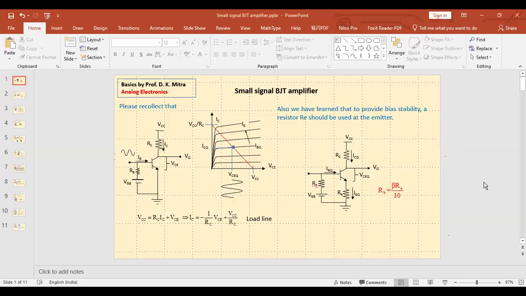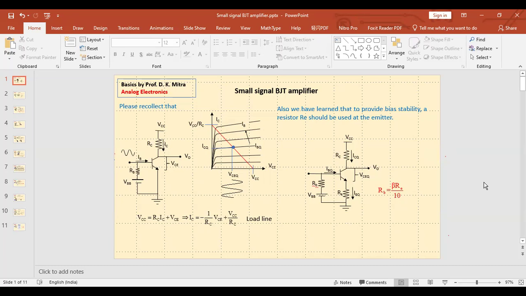Good morning, students. Today we shall start the next topic, that is small signal BJT amplifier. You remember, before this we have learned what is biasing, why at all we need to do biasing. We have learned various methods of biasing.